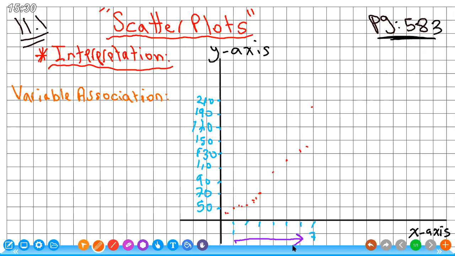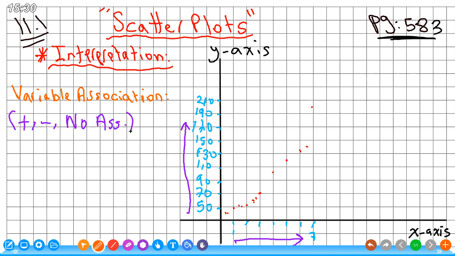Look at the points, they increase, starting maybe from 50 and going up. So this is a positive association. Again, for the associations, it's either positive or negative or no association. I'm not going to write the full word association. This is just a shortcut, like this. You have these three options.